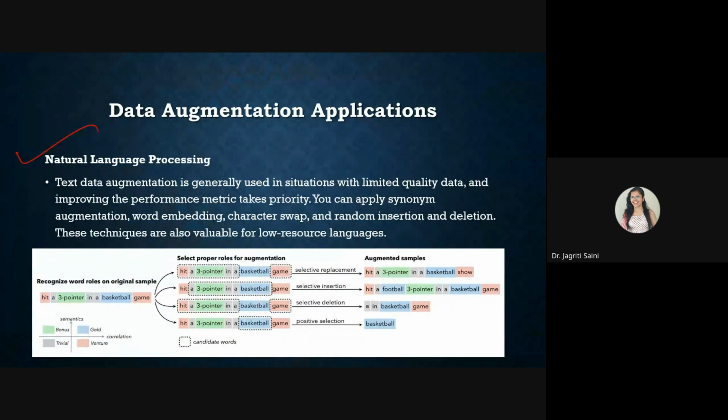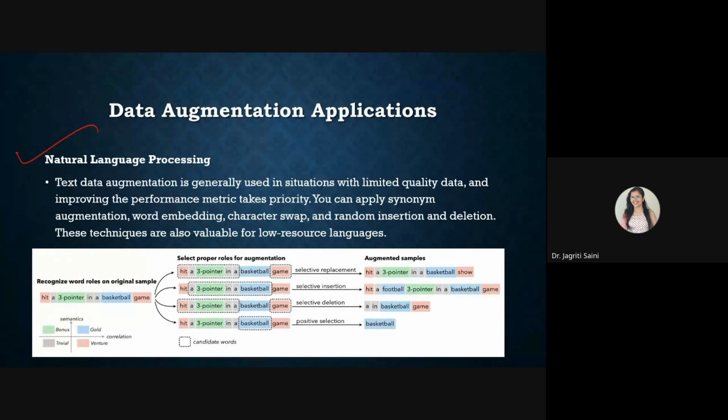It is also useful in natural language processing, where we are working around textual information, and we try different word embeddings, character swaps, or random insertions, etc. So in those cases, your data augmentation will have a different role.